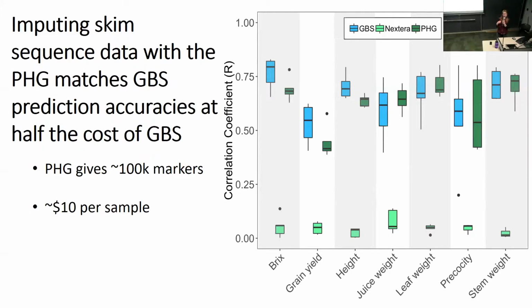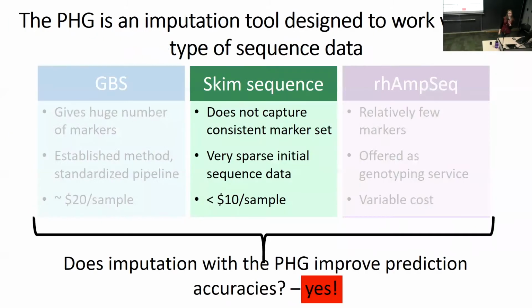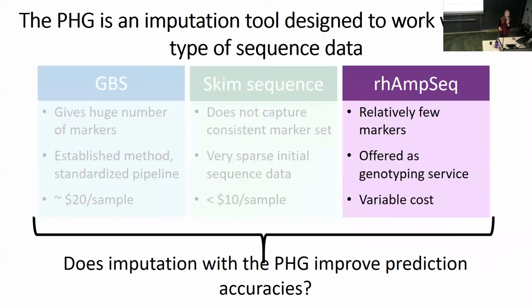You can see that the practical haplotype graph is helping us to restore that prediction accuracy, and we can get an equivalent prediction accuracy, with approximately the same number of markers as we would have with GBS, and we can do it at half the cost. And so the answer to the question is yes, with Skim sequencing, we can use the practical haplotype graph for effective genomic selection.